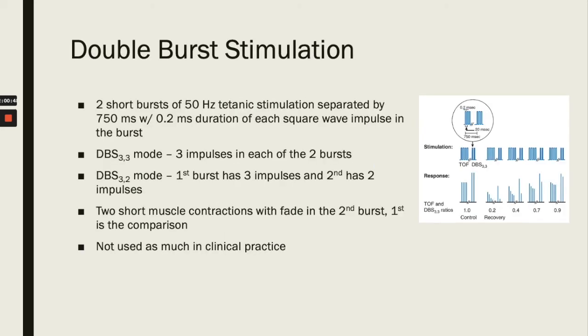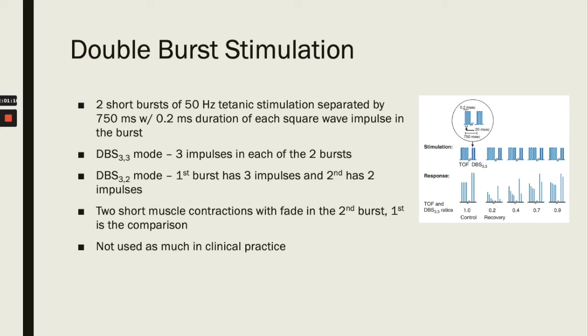Okay, so double burst stimulation: there are 2 short bursts of 50 hertz tetanic stimulation separated by 750 milliseconds, with 0.2 milliseconds duration of each square wave impulse in the burst. In double burst 3-3 mode, there are 3 impulses in each of the 2 bursts.